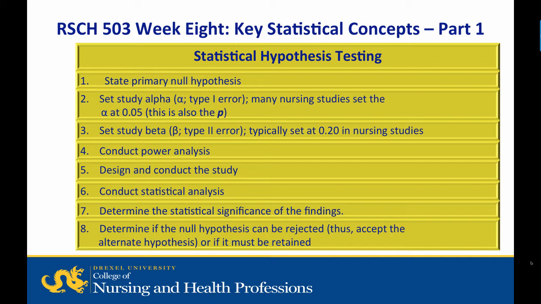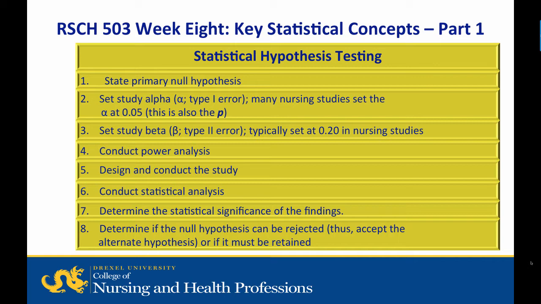Third, the researcher may also establish a beta value. Again, in nursing and behavioral sciences, beta is commonly set at 0.20. A beta at 0.20 means that the researcher will allow for a 20% or lower chance of making a type 2 error. Fourth, the researcher then conducts a power analysis.